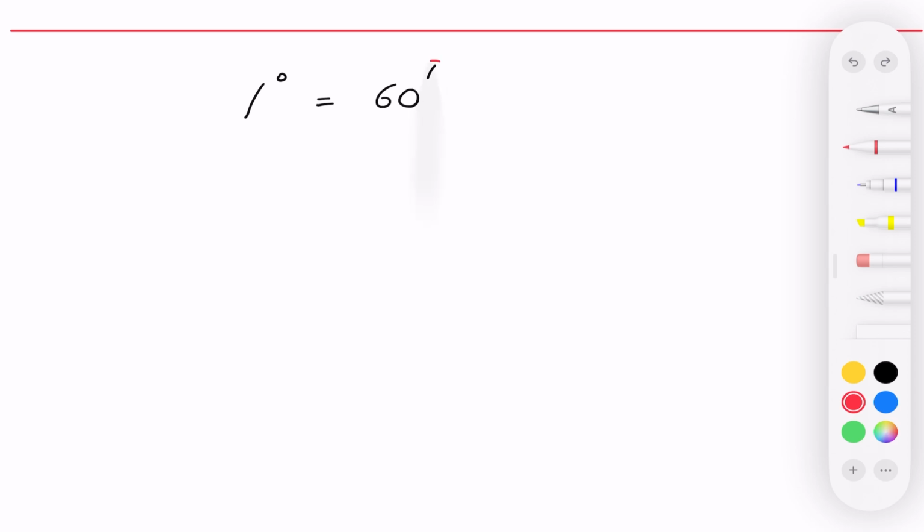Here, to say minutes, I have a small dash written as a superscript. Please note that the left-hand side of this equation is read as 1 degree. The right-hand side of this equation is read as 60 minutes.